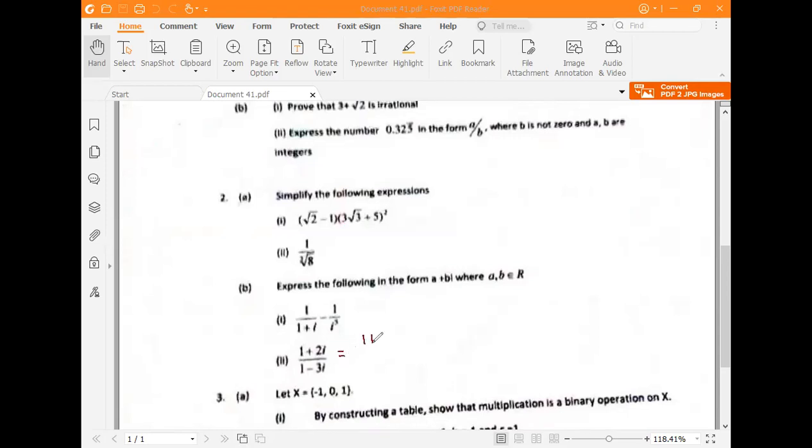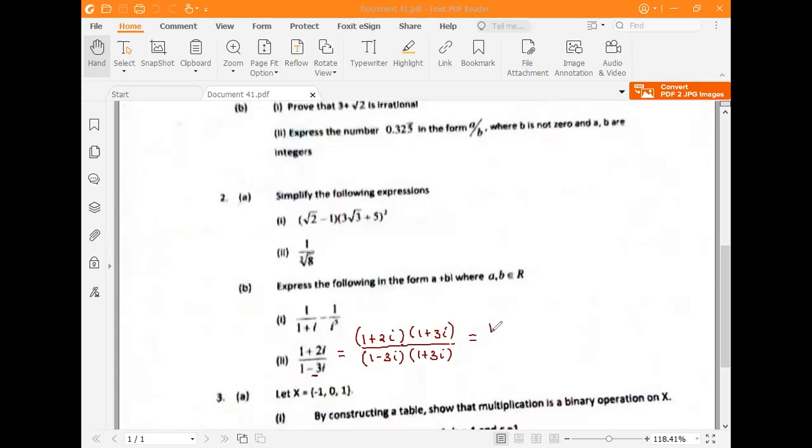B2, this is 1 plus 2I over 1 minus 3I. You conjugate the denominator again. So you multiply by 1 plus 3I, top and bottom.